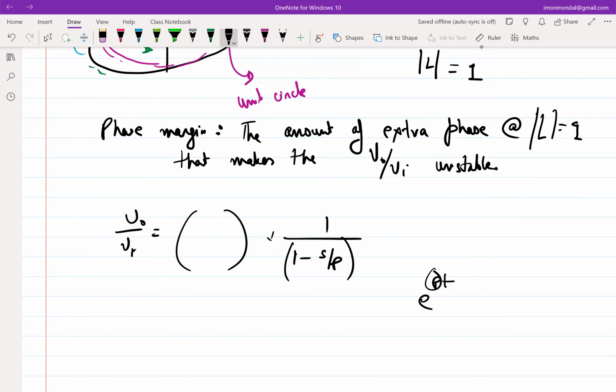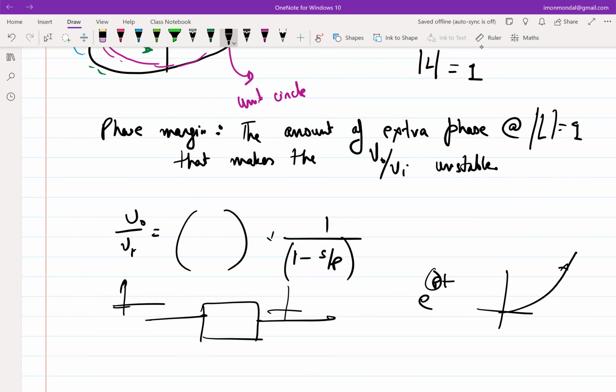So if P is negative, then it will eventually go to 0. If P is positive, this will go off, right? Essentially, if you have a system and you give an impulse, or some disturbance, you expect the output to eventually go to 0, because you have disturbed the system and you don't want it to go off in a completely different direction.